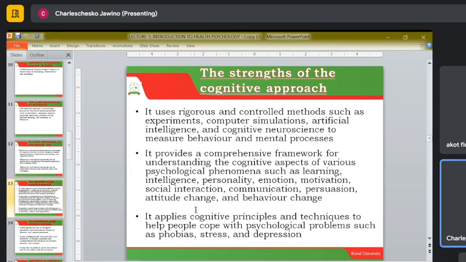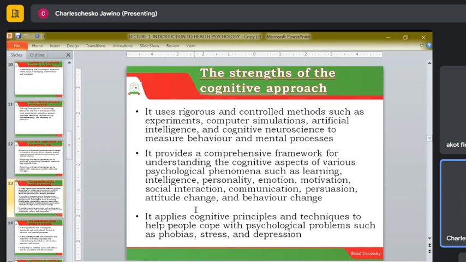It provides a comprehensive framework for understanding the cognitive aspects of various psychological phenomena such as learning, intelligence, personality, emotion, motivation. In other words, it focuses on people's different personalities to explain their behavior.